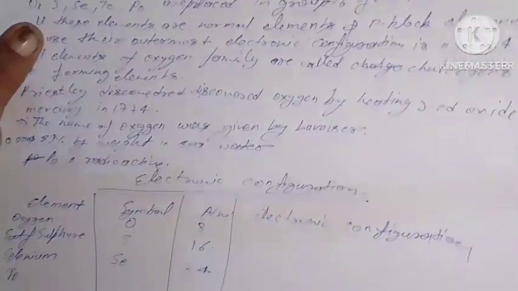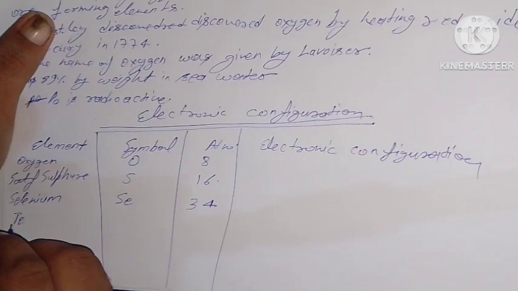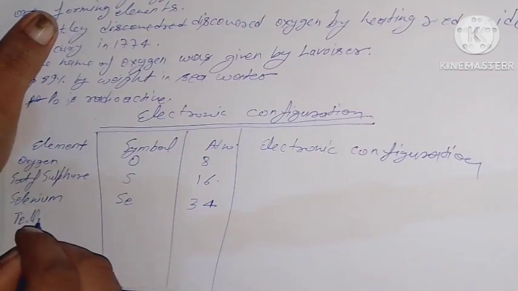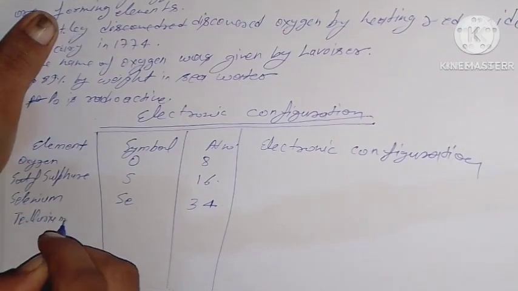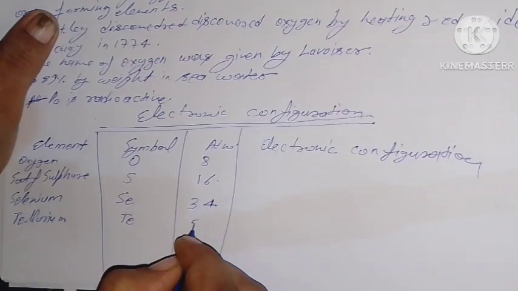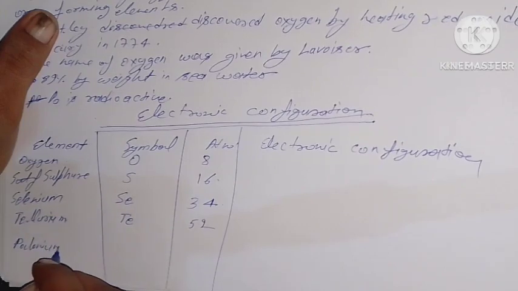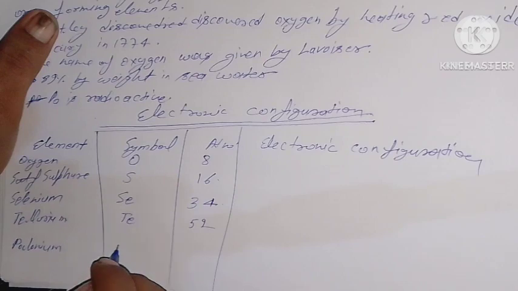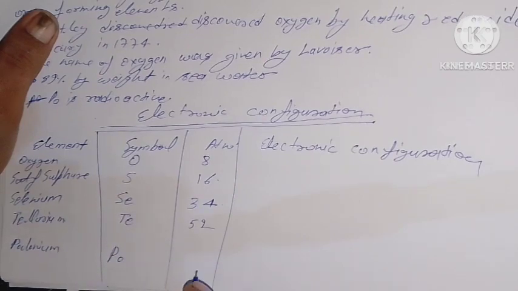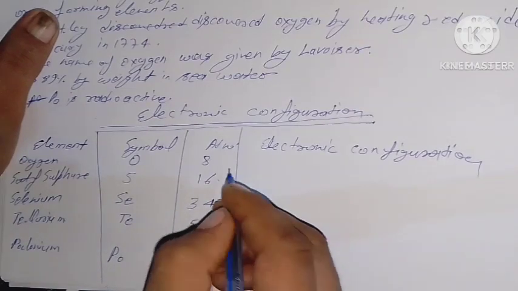The next element is tellurium, symbol Te, atomic number 52. The next element is polonium, symbol Po, and atomic number 84.